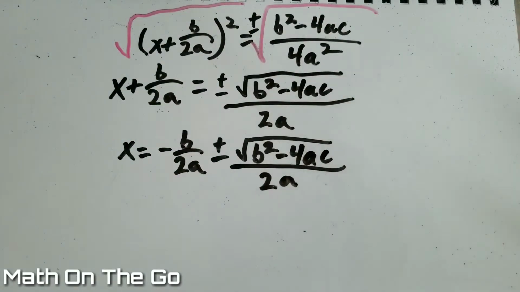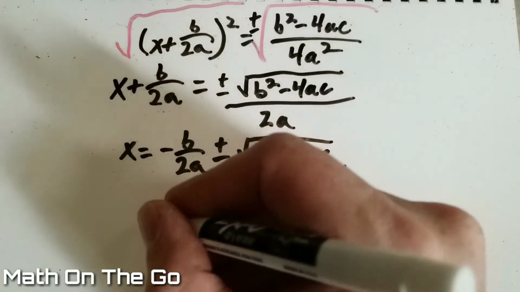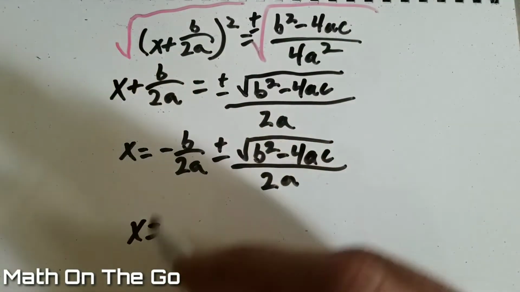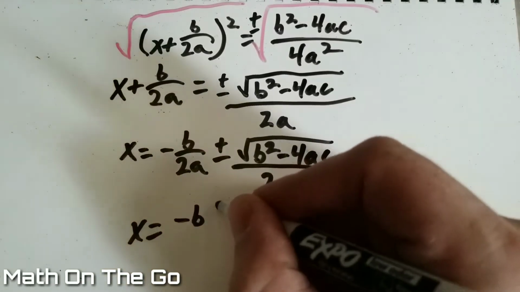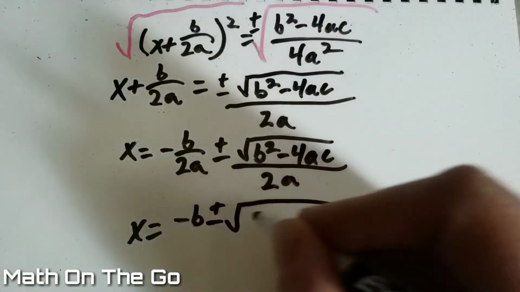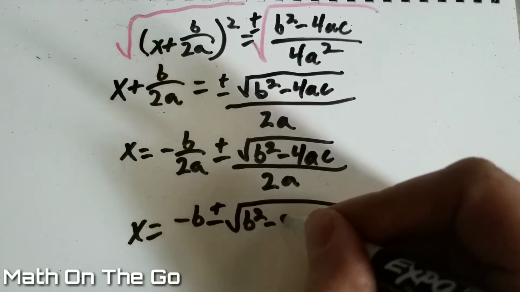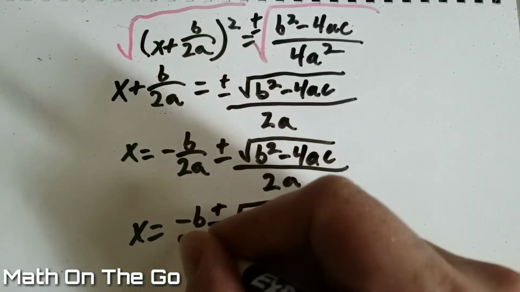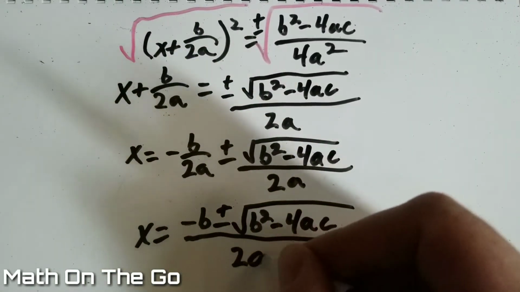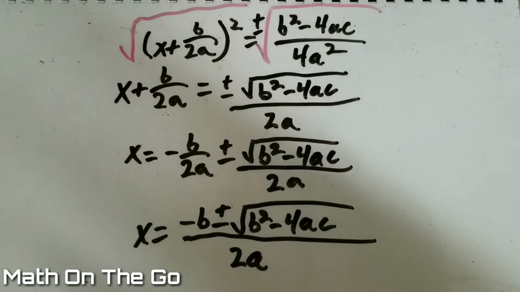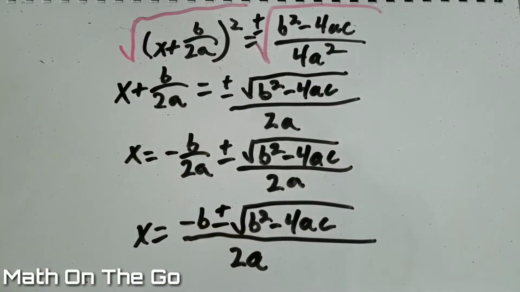Okay, well, we have a common denominator on the right hand side, so now we can just write it as x equals negative b plus or minus the square root of b squared minus 4ac, all of that over 2a, and that is the quadratic formula that we just derived from the definition of a quadratic equation.